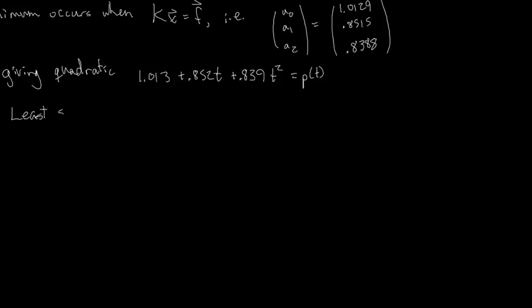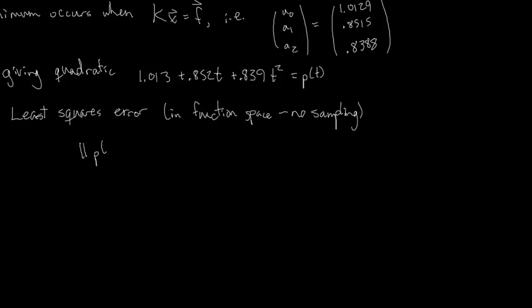Taylor series get better and better as you add more terms, and this technique doesn't do that. But I also don't have to take any derivatives ever. So again, I'm not sampling the points of e to the t anywhere. I'm working in a function space. Now the point is that, let's call this p tilde of t, that's my least squares approximation.